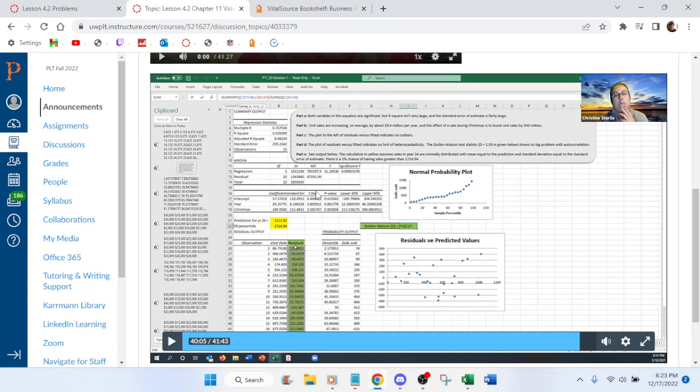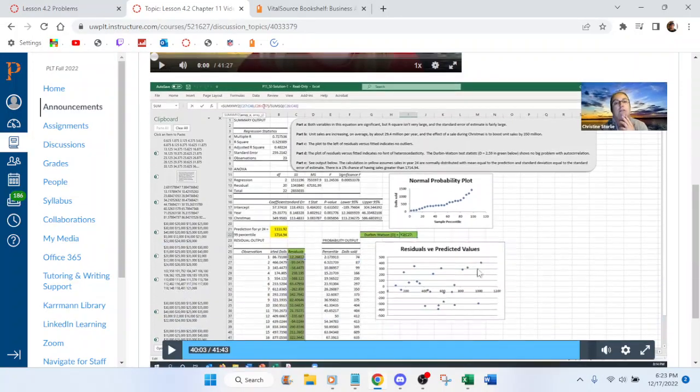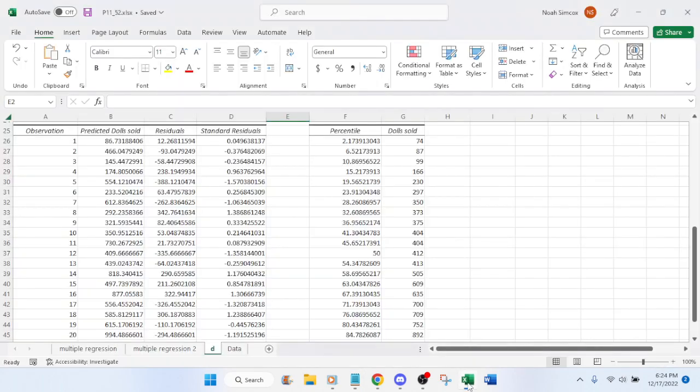I can't see what it says. 40 minutes. Finish. Sum SQ. Sum SQ. Sum SQ parenthesis C26 colon C48, and then this should be it.